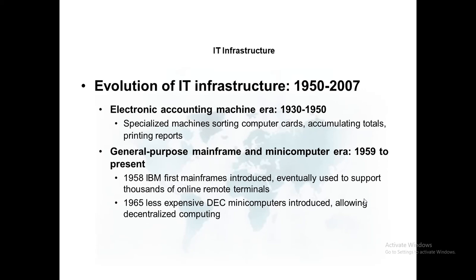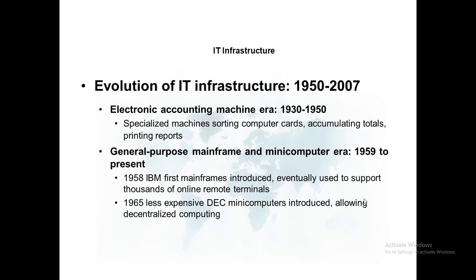So we start with the electronic accounting machine era, that is 1930 to around 1950. In that period, if you look at the evolution of computers, there were specialized machines like card sorting machines.